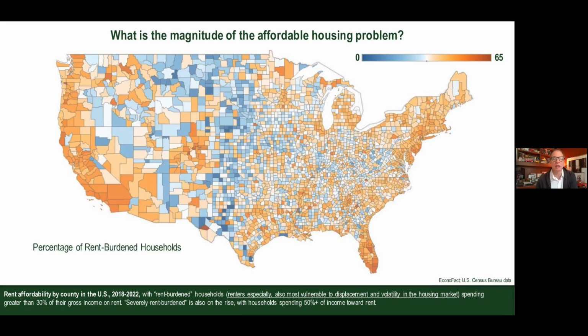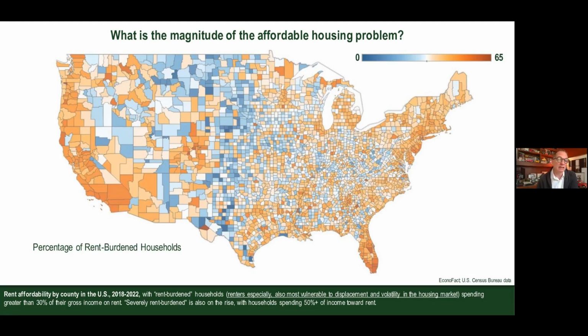And this is just one way of assessing what is the affordable housing problem and looking at the idea of rent burdened households. So just looking across the US, you get a pretty clear indication that many states, many counties, many localities are dealing with a massive amount of rent burdened households, and then you have certainly an increase, even more so, in terms of severely rent burdened households.